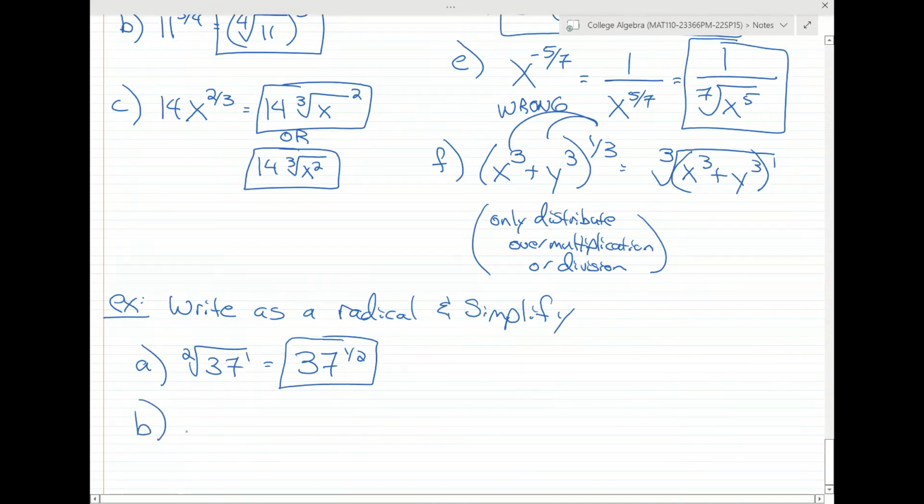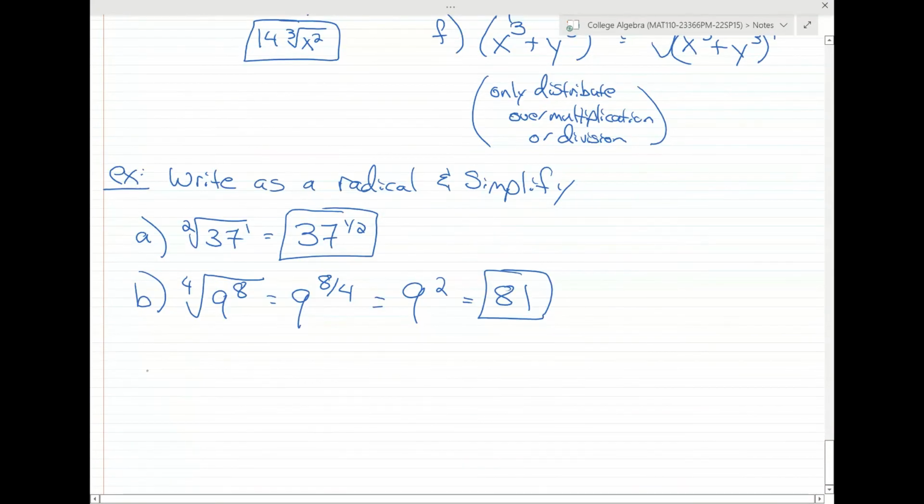The fourth root of 9 to the 8 is just 9 to the 8/4 power, or just 9 to the second, or 81. And then the eighth root of z to the 8, z to the 8 over 8, is z to the first.